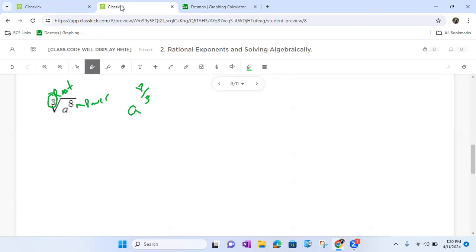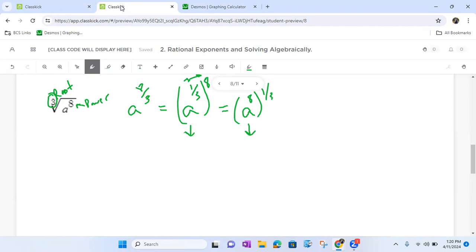Now from here, I can switch it out. I can say a to the 1/3 to the 8th. And because it doesn't matter how we multiply numbers, power to power we multiply, I'm just going to change that to a to the 8th to the 1/3. Now at this point, we're just going to rewrite them each a different way as well.